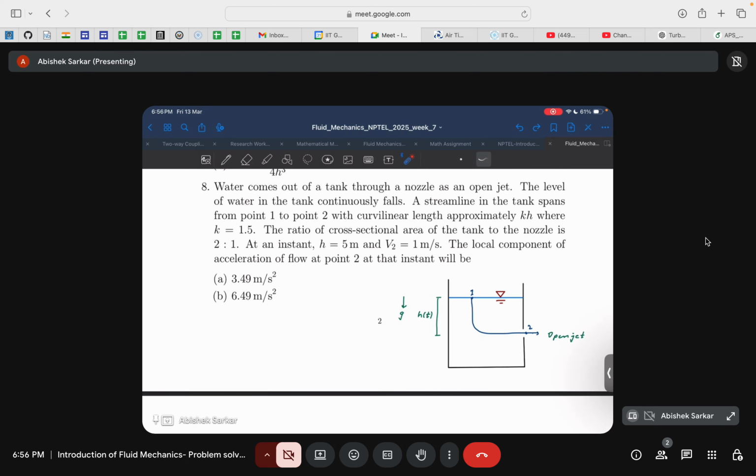But we again try to shift towards the Bernoulli's equation because they are saying something about the streamline. So now you can see where we are actually going. There is an unsteady element, but there is an element of Bernoulli's equation as well, because we are dealing with flow along a streamline.